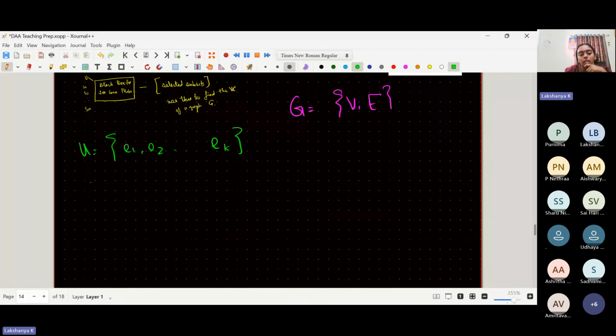Right. Now, what are the subsets going to be? So for every edge in vertex cover, what are we picking?